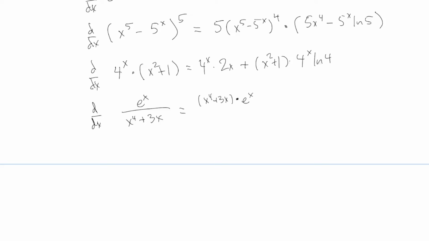The derivative of e to the x is e to the x. So that's the bottom times the derivative of the top. And now I go minus the top, e to the x, times derivative of the bottom, 4x cubed plus 3. All of this divided by the bottom squared, x to the 4 plus 3x squared, like that. And I think that is what I got. Any questions about that one?